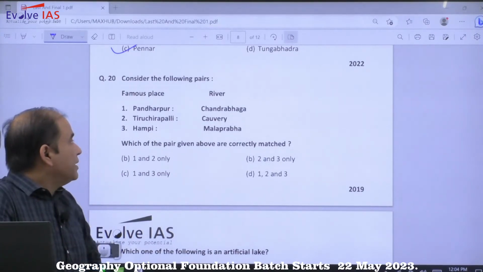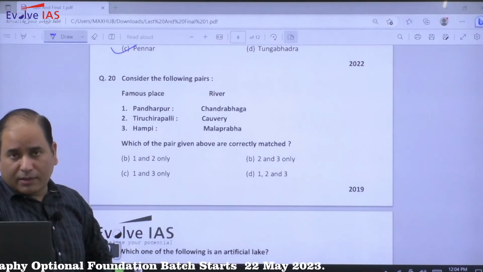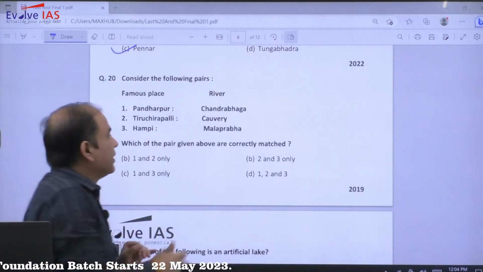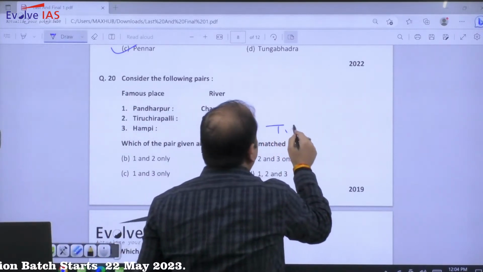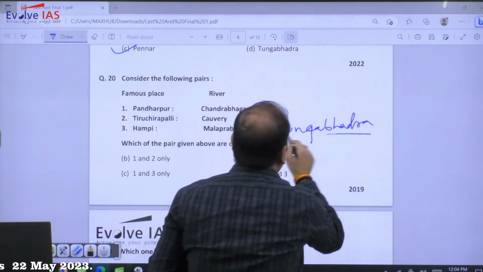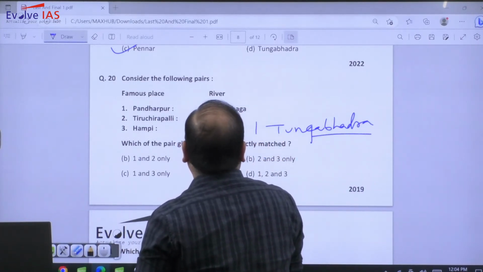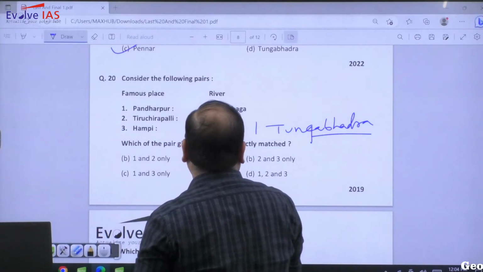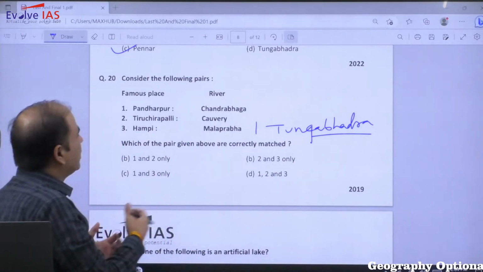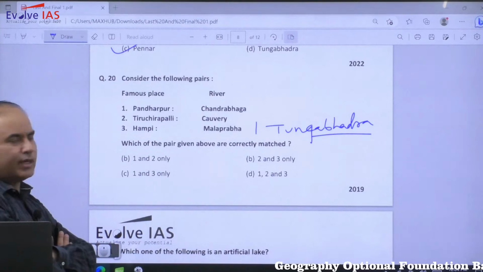As far as Hampi is concerned, it is not Malprabha or Ghataprabha; where the Malprabha and Ghataprabha are flowing, it is actually Tungabhadra. So Tungabhadra river is flowing at the Hampi, and if you just know this fact, then you will be able to get this answer. Tiruchirappalli is comparatively easy, so it is part of the Kaveri river.